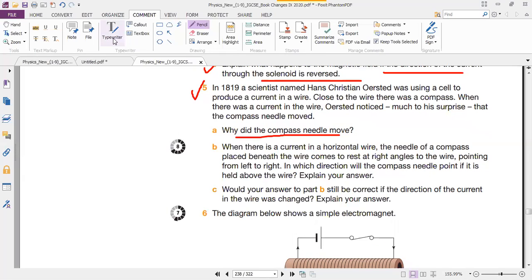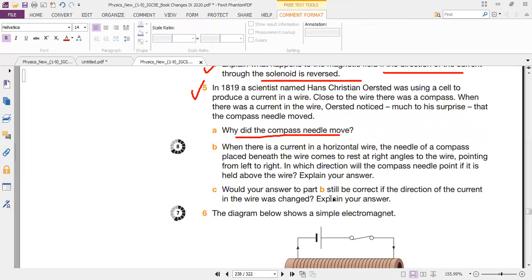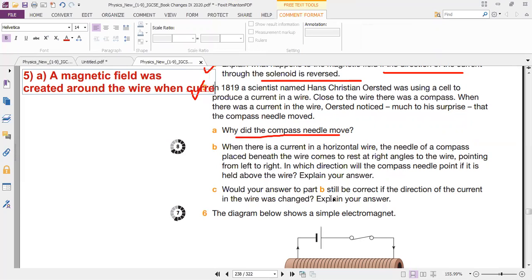So better I write this answer. Number 5A, the answer: magnetic field was created around the wire when current passed through it.